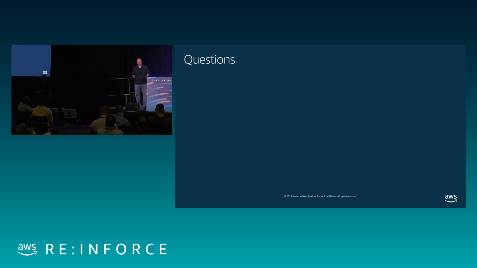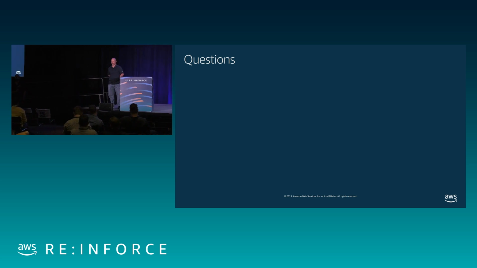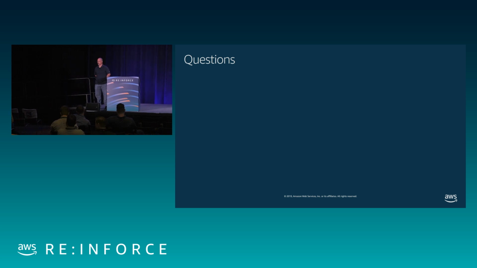So two questions were, one, redundancy of the service, and two, APIs to support a client self-service portal for issuing certificates.